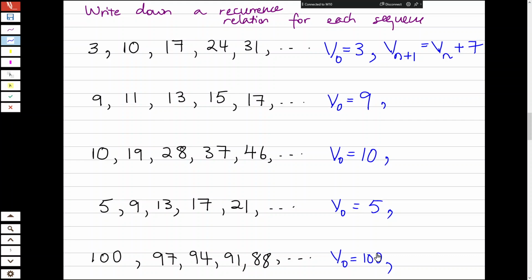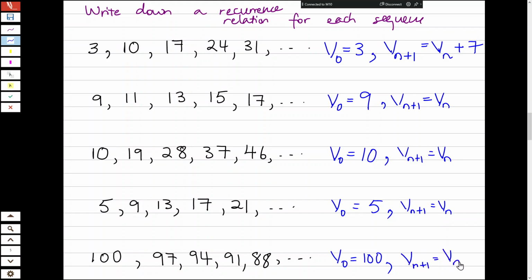This is the more difficult part now. It's how to describe the way that you get the next term, Vn plus 1, from the previous term, Vn. So think of Vn as some term in the sequence and Vn plus 1 as the next term.